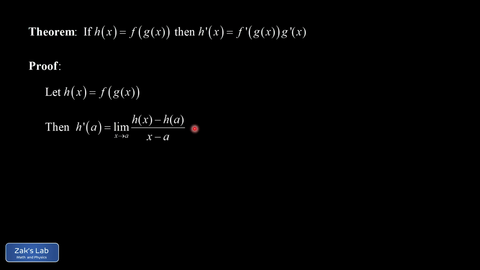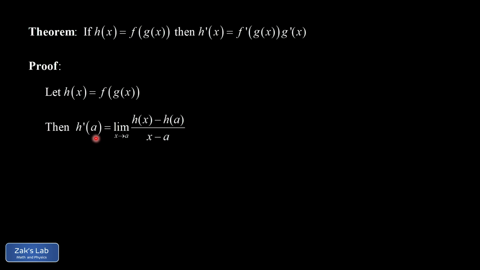So we're using the limit definition where we say, take the limit as x goes to a of h of x minus h of a over x minus a. And that's going to give us the derivative of this function h evaluated at some specific value of x that we call x equals a. So this is just notationally the most convenient form of the derivative limit for this proof.